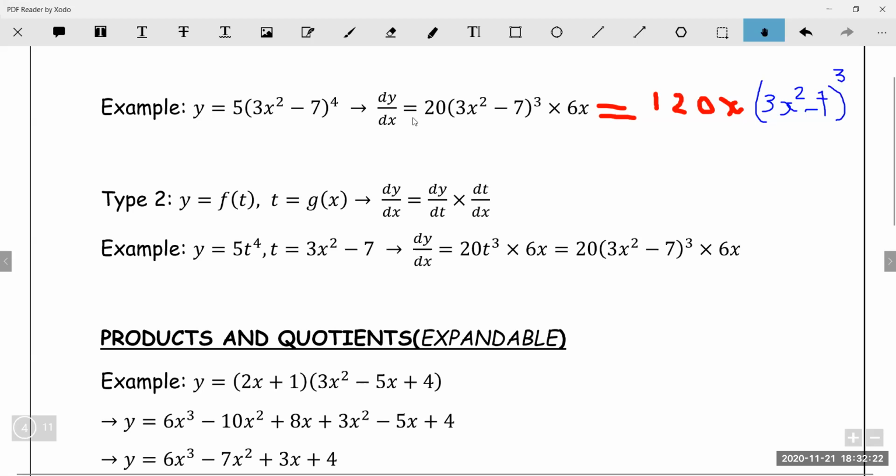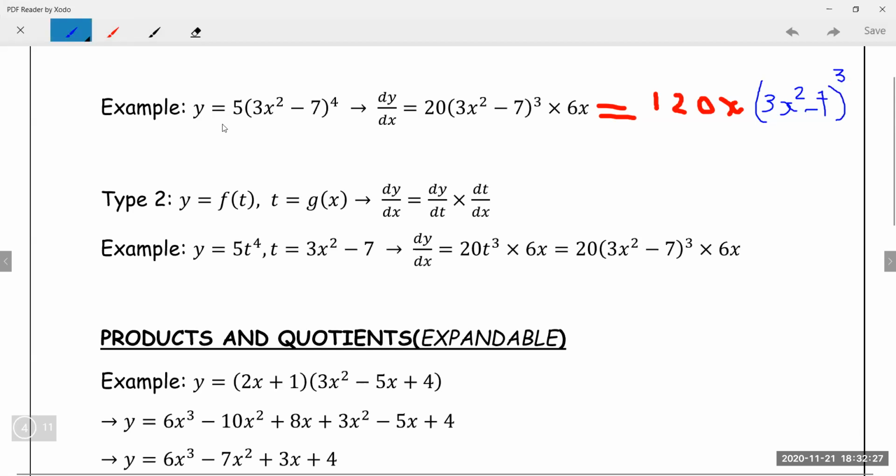You understand this? Understand composite rule 1? Let's try an example.